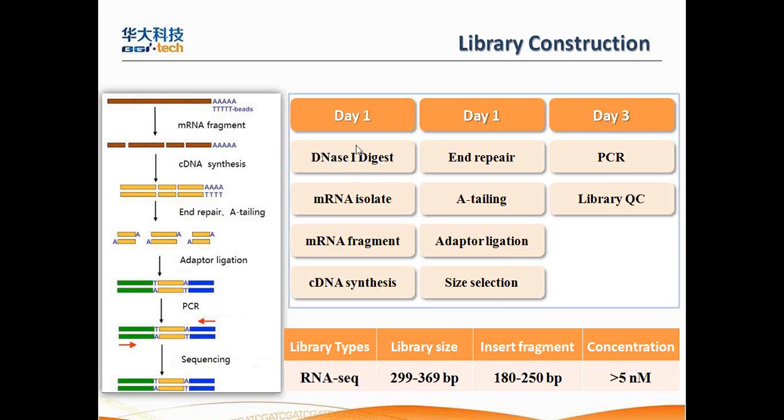Then, after we remove all the DNA fragments, we can use this poly-T bead to enrich those mRNA. As I have mentioned, the structure of mRNA has a long tail of A nucleotides.